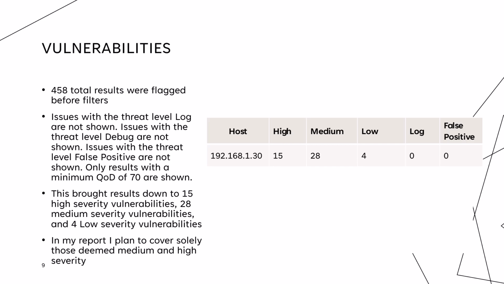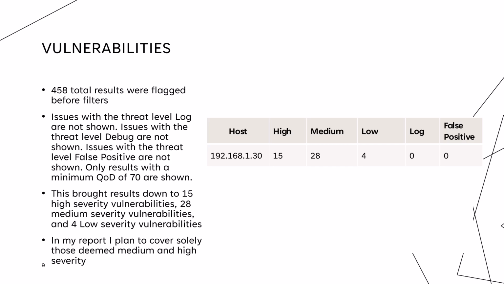These filters were in place to put aside ones that were essentially debugs, false positives, and results with a minimum QOD of 70, especially those with log level, which were none.